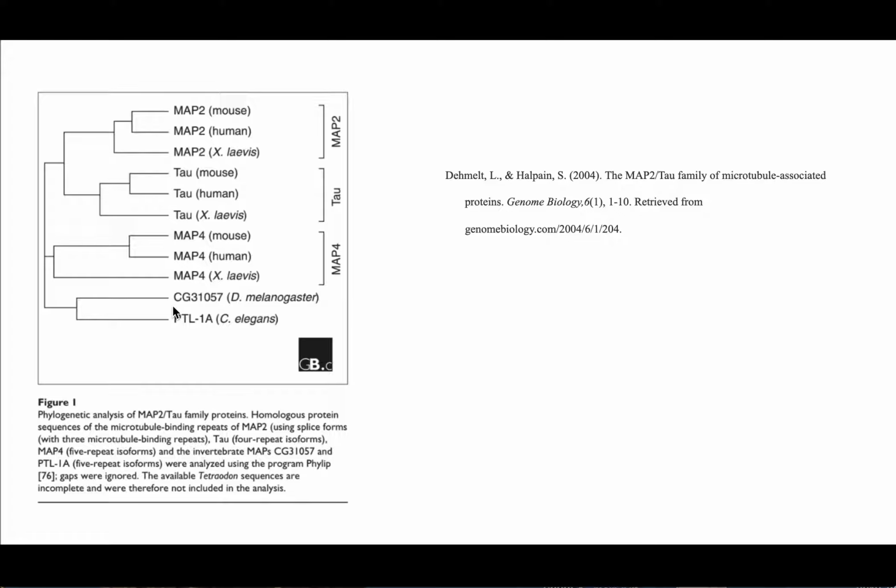And so the genomic sequencing of the PTL and also tau are very similar, and they're conserved. And when we're looking at the different forms, they're seeing that these are very similar to each other.